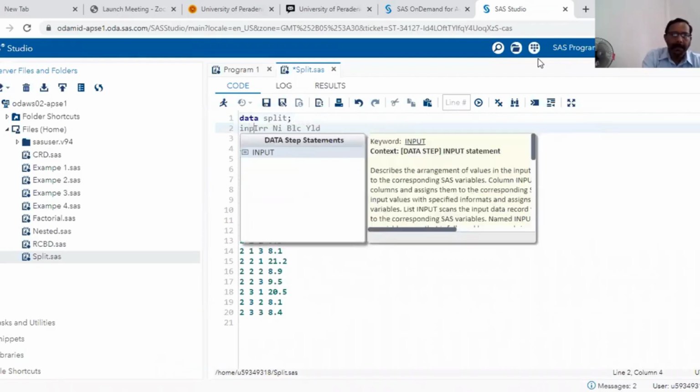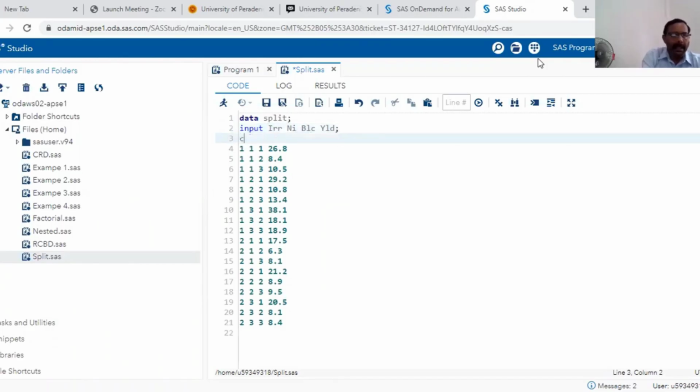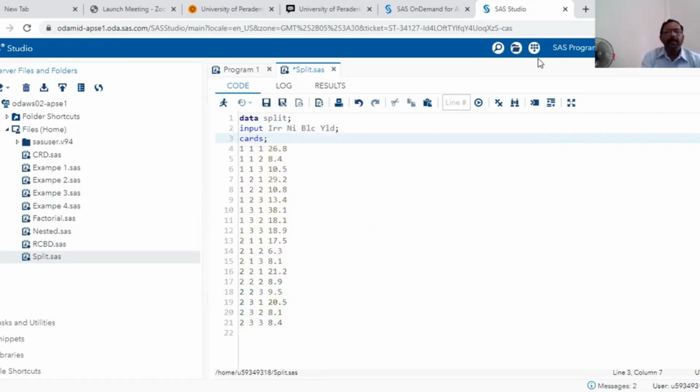Input irrigation, I put IRR, nitrogen NI, block BLC, and the yield. So this is the example that we came across in our practical or theory class, right?